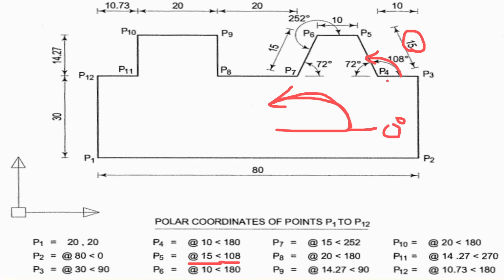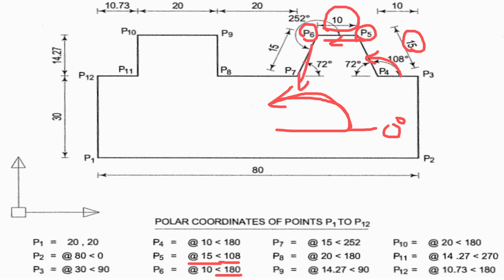Then now we are at P5. Now we are moving from P5 to P6. The distance between P5 and P6 is 10, and we are moving in the negative x-axis. The angle is less than 180 degrees. After P6, we are moving from P6 to P7.